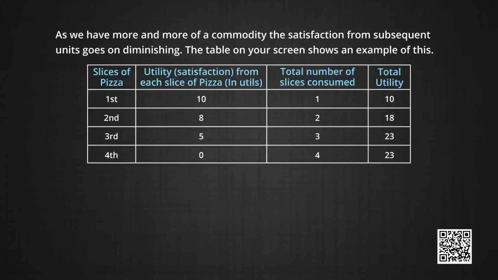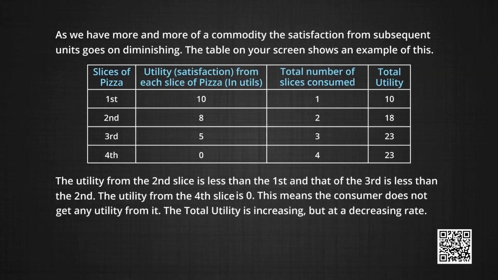The table on your screen shows an example of this. Notice the utility from the second slice is less than that from the first, and that of the third slice is even less than that of the second. The utility from the fourth slice of pizza is actually 0. This means that the consumer does not get any utility from it.